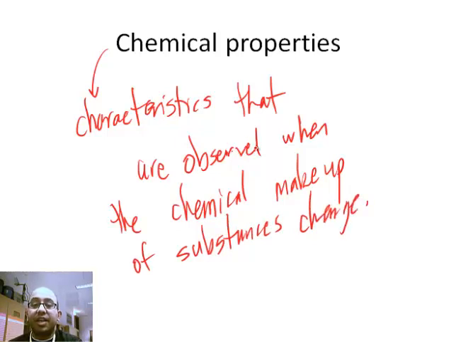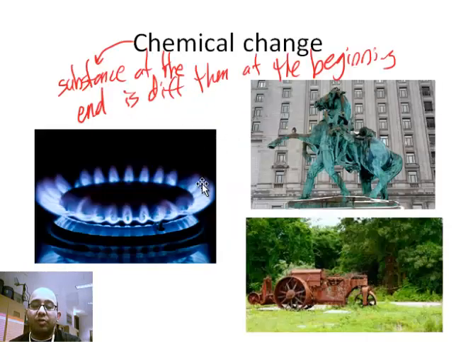So this is essentially saying that the chemicals at the beginning are combined differently than the chemicals at the end. So when you burn something, you often get different substances at the end than at the beginning.